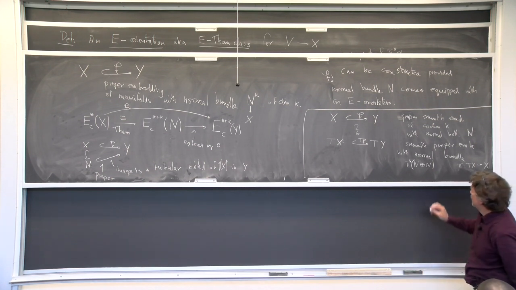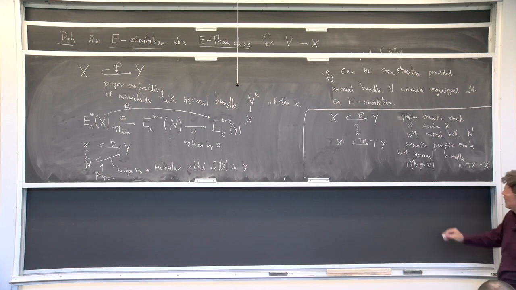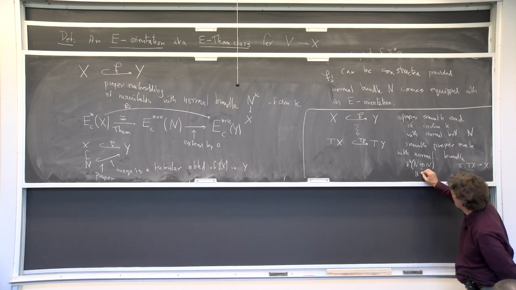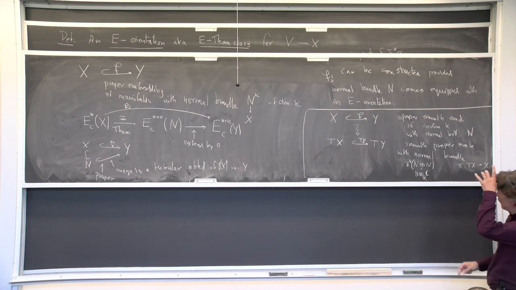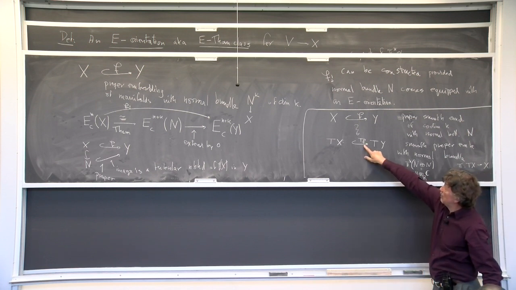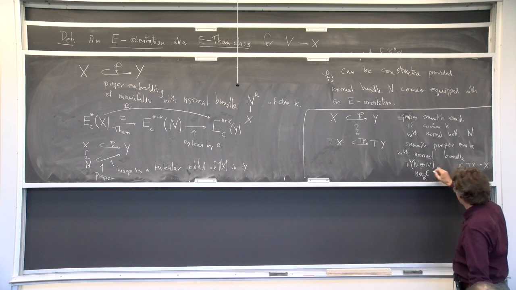Now notice that this normal bundle, I can think of as a complexification of N, right? A sum of two copies of a vector space you can always identify with the complexification of that vector space. So in particular, that means the normal bundle of this embedding now is a complex vector bundle. So this whole thing now becomes a complex vector bundle.